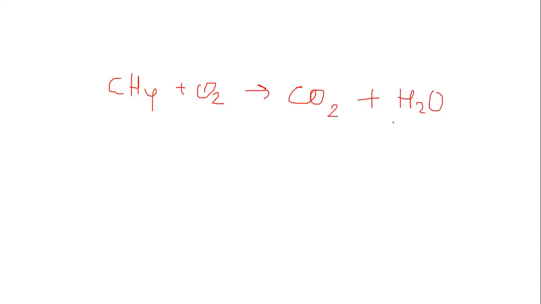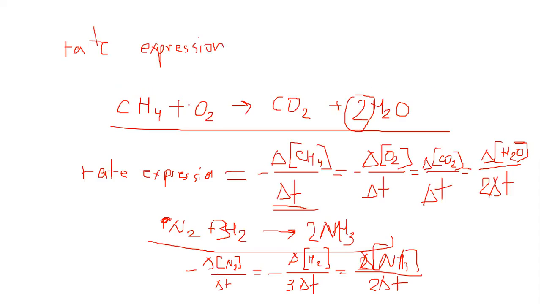For example, if we have CH4 plus O2 going to CO2 plus H2O, we need to write 2 over here and 2 here. In the previous one, we made a mistake. We needed to write 2 over here.